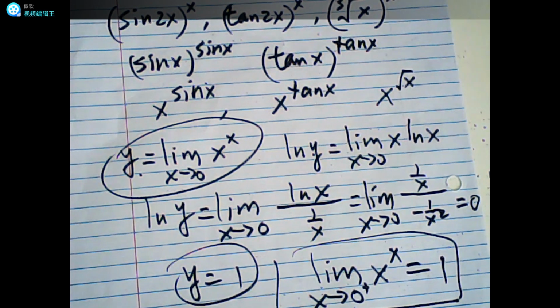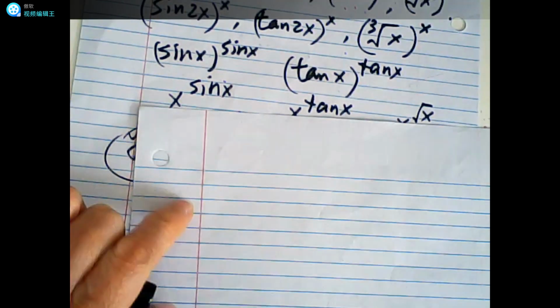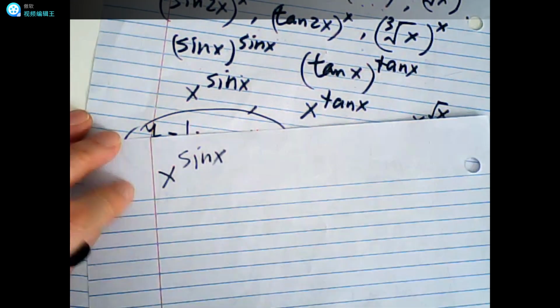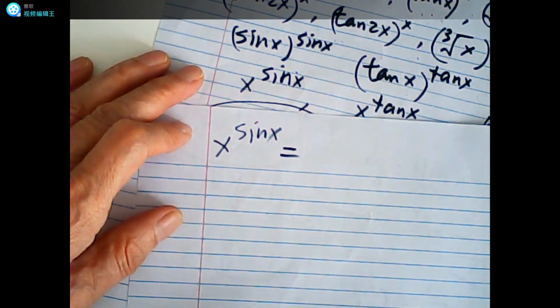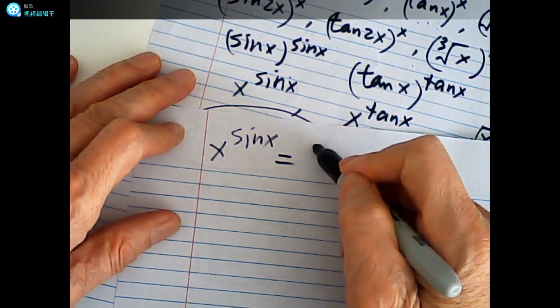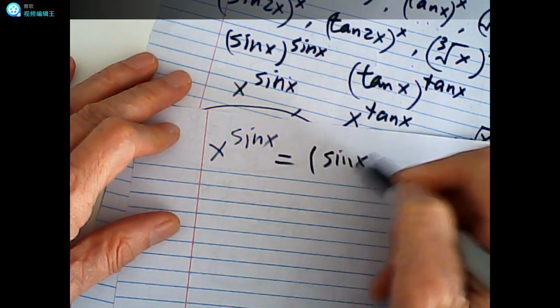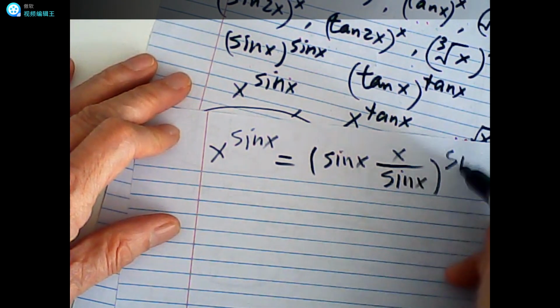Okay, next, what else is left over here? Let me see. This is x to the sine x. Well, I write this way, x to the sine x to the sine x.